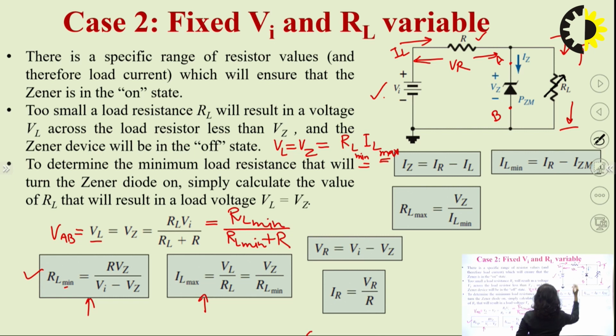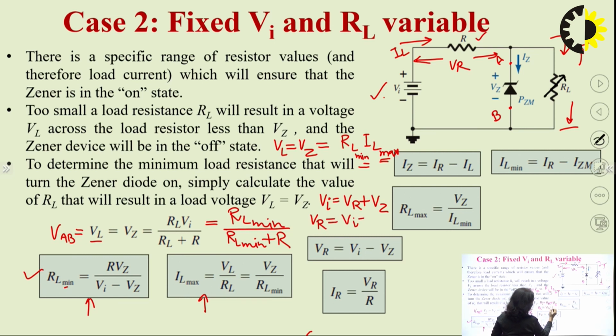So VI is equal to VR plus VZ. So from this equation we can calculate the value of VR, that is VI minus VZ. And once VR is known to you, we can calculate the value of IR, which is again a fixed value because resistance is also fixed. Now IR can be calculated from this equation, VR by R, and this is a fixed value.